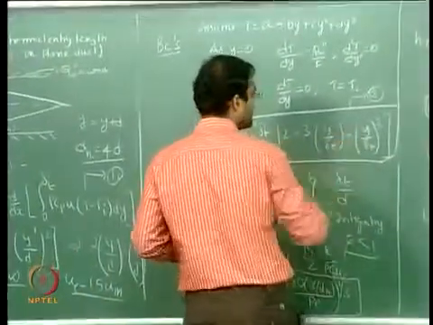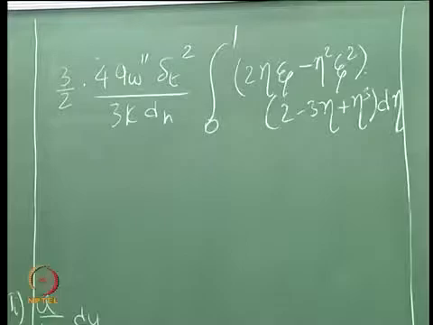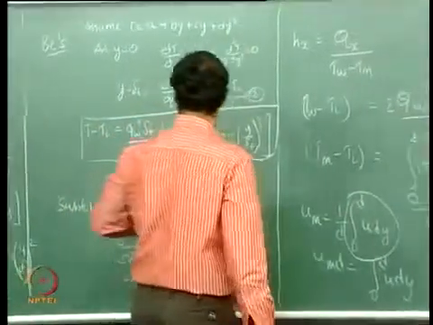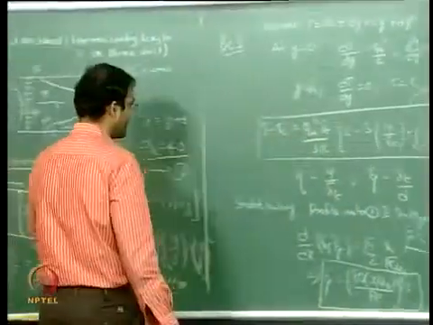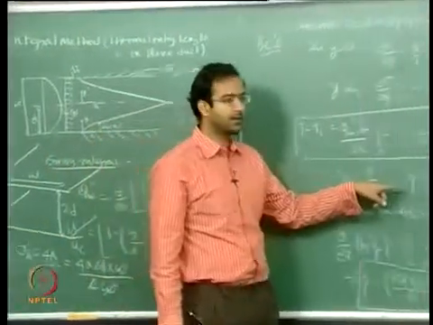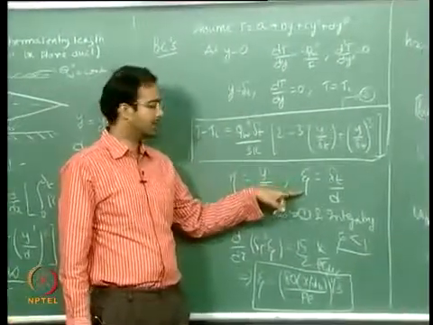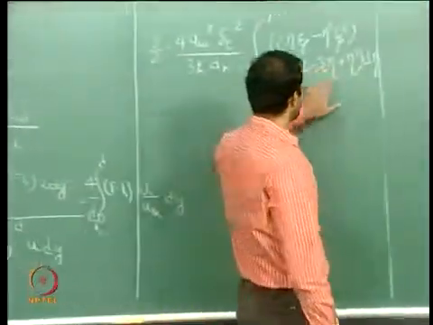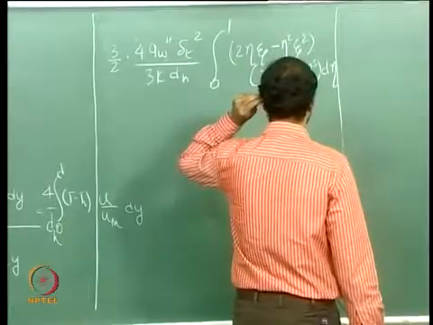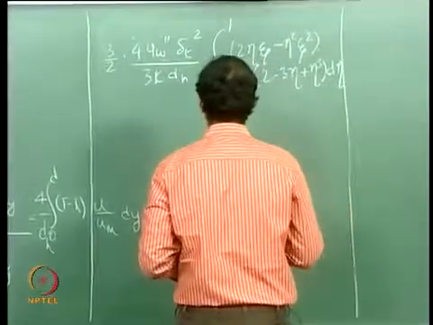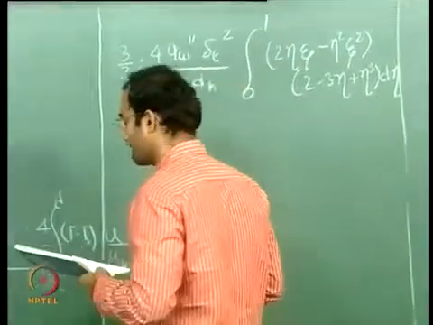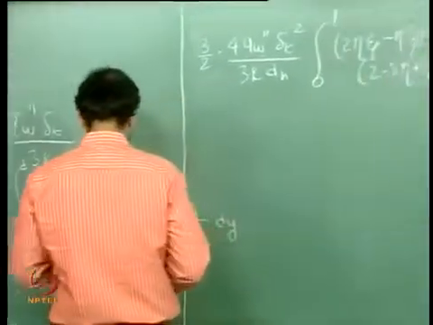So if you plug in for your temperature profile, which you already have here in terms of eta, your y by delta t can be expressed in terms of eta, and in case of your velocity profile, your y by d can be expressed as eta into zeta. So you plug it in terms of eta and zeta, and you integrate over the non-dimensional y coordinate, that is basically your eta between 0 and 1.